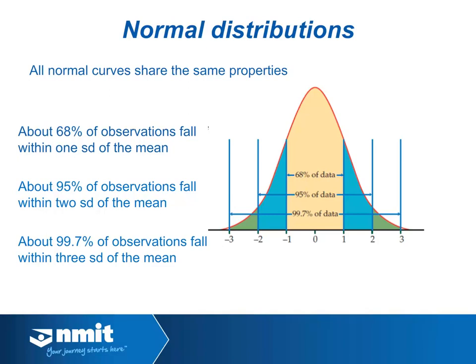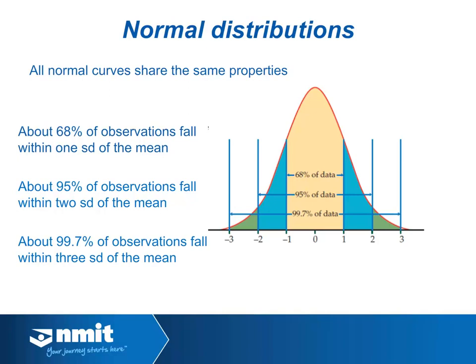So if we had the mean and subtracted 1 standard deviation from it and added 1 standard deviation to it, the area between those 2 values will encompass 68% of all observations, or the area under the curve would be 0.68.